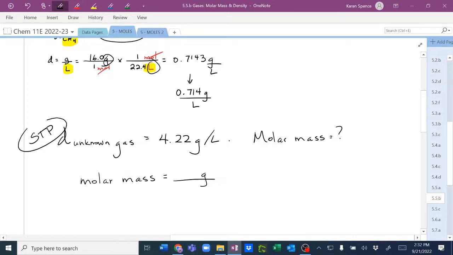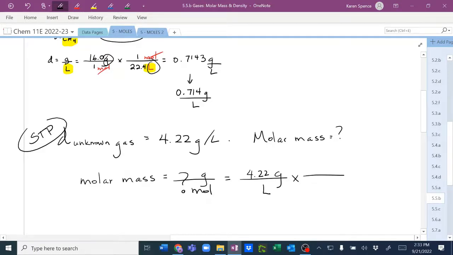Grams over moles. We don't know those, so we start with our 4.22 grams per liter, because our grams are in the right place. All we need to do is convert liters into moles.